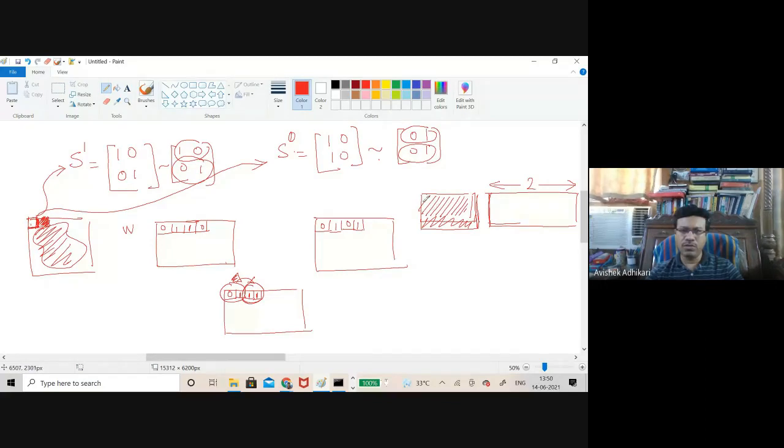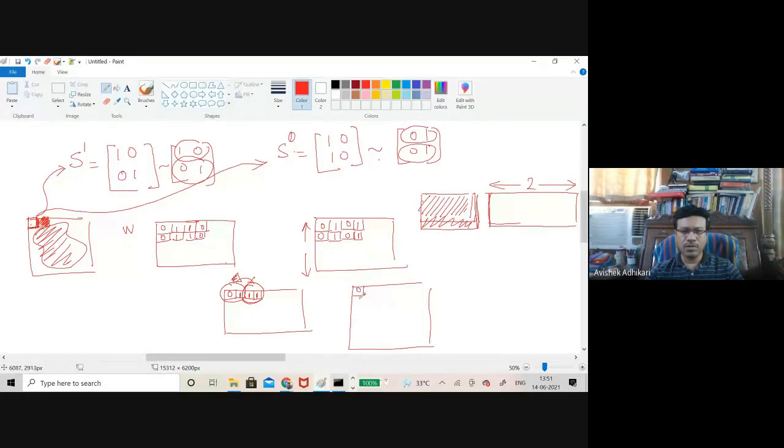Suppose you want to put it here 0 1 0 1. So here also put the same thing, 0 1 and then 1 0 0 1 0 1. Now you see that you have increased here twice as well as you have also increased here twice. When you superimpose them, you will get a bigger image.